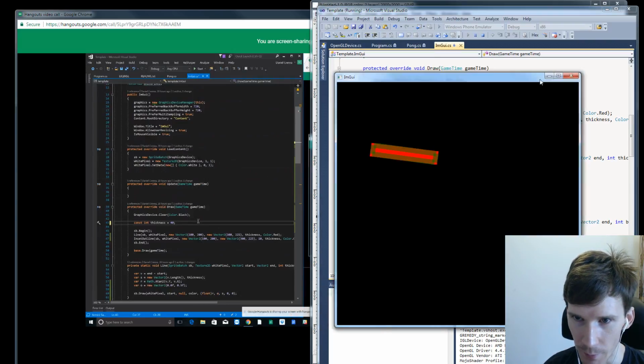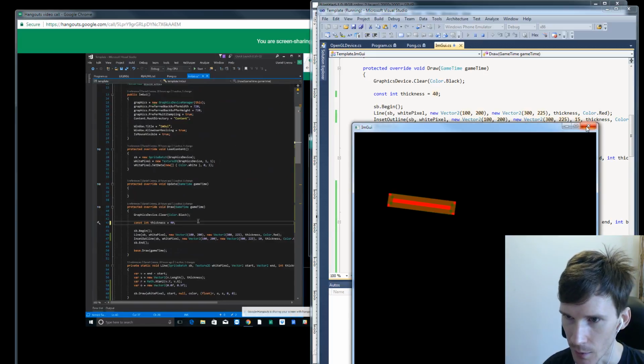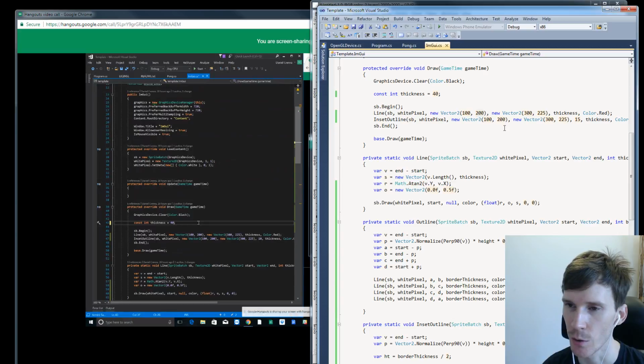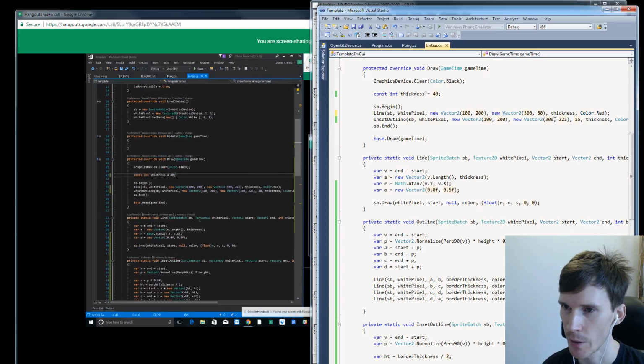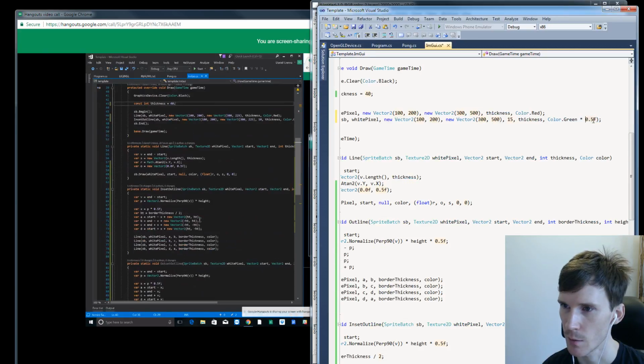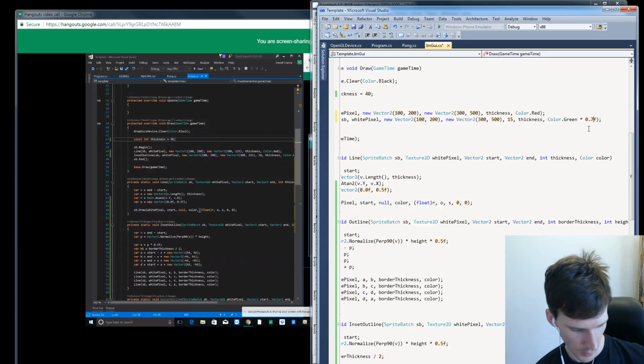You've got an angular problem. In fact, if we were to change this to like 500, I think that might do the trick. And I'm going to make this a bit darker so it's easier to see.